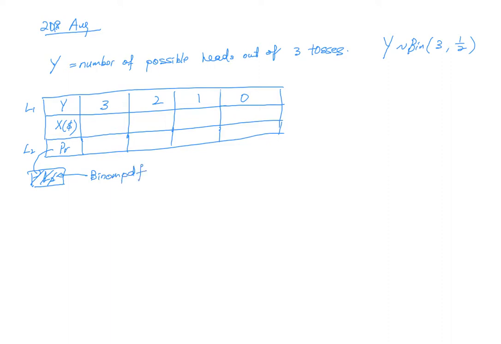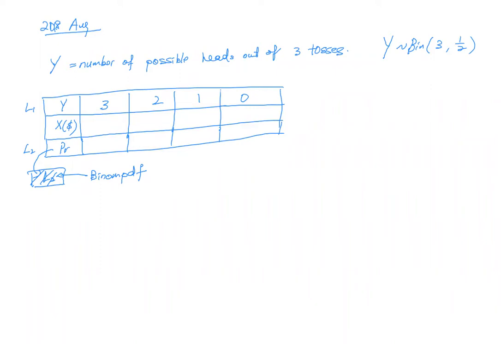Let's go to binom PDF. Okay, why don't everyone key in your L1? 0, 1, 2, 3.